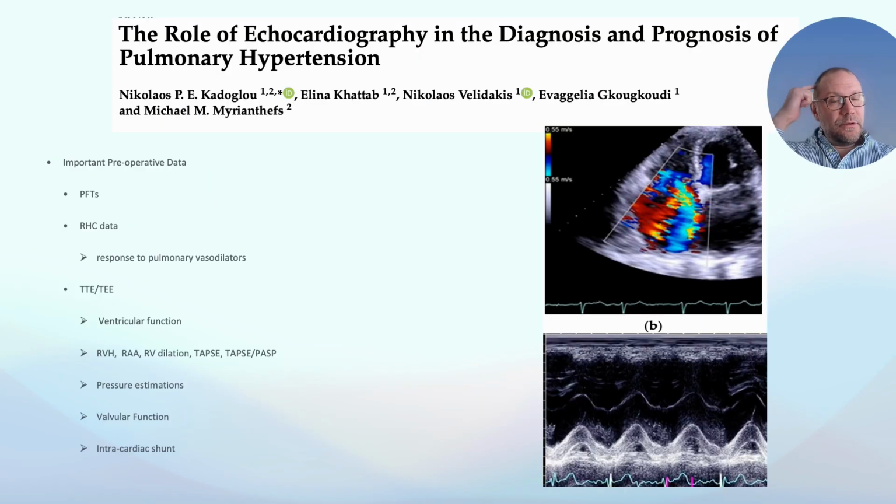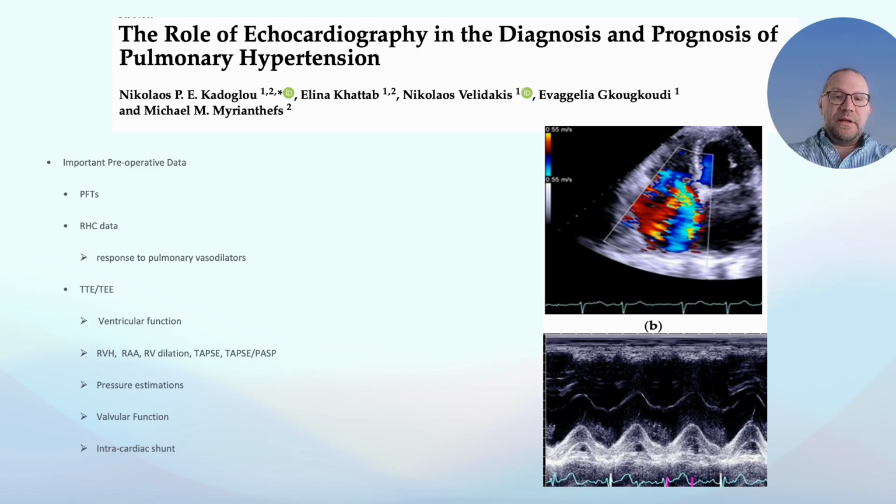So we're going to talk a little bit about perioperative monitoring, the role of echo, right? So important data that we would like to have as we're planning our anesthetic would be certain echocardiographic measurements. I think, as you can see there's a few things I bring out, but I really want to talk about this TAPSE to PASP ratio.